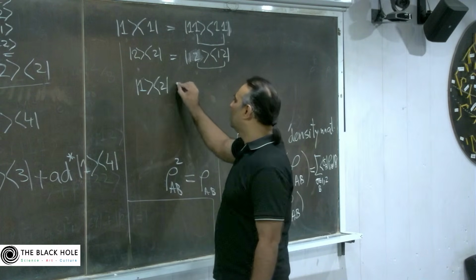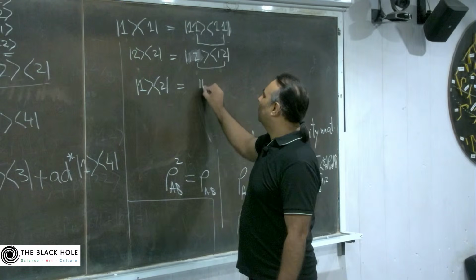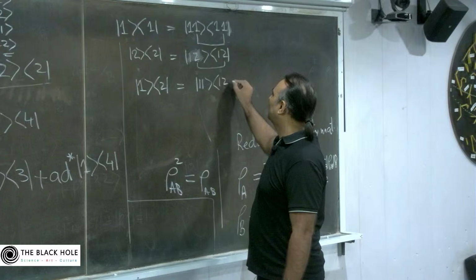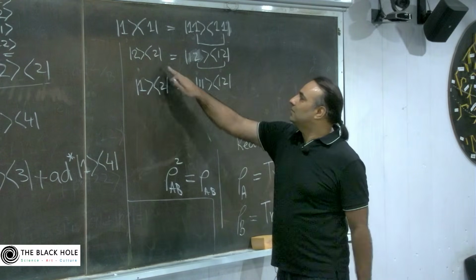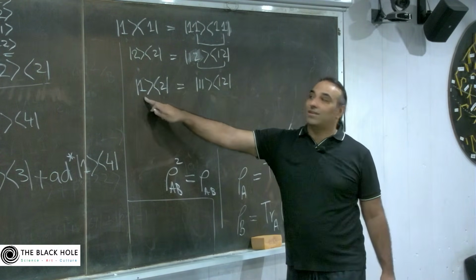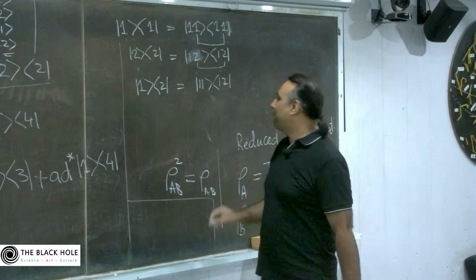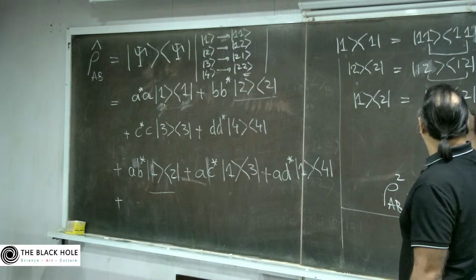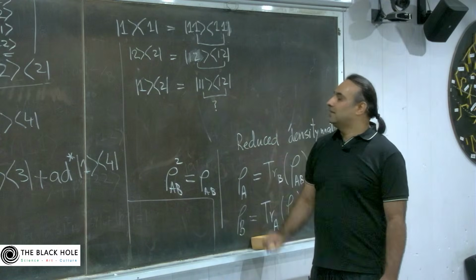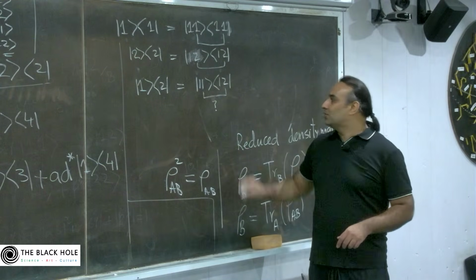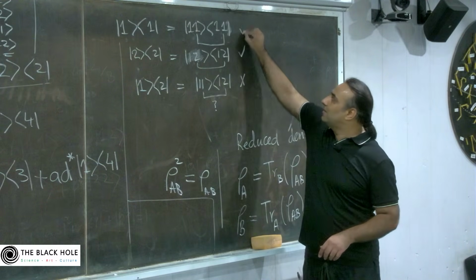Okay, now let's start with this 1 and 2. So it's basically 1 1 and 1 2. This 2 is 1 2. This is 1 1. That's the dictionary here. Okay. This is not diagonal in B. It's diagonal in A but not in B. So we can discard that.